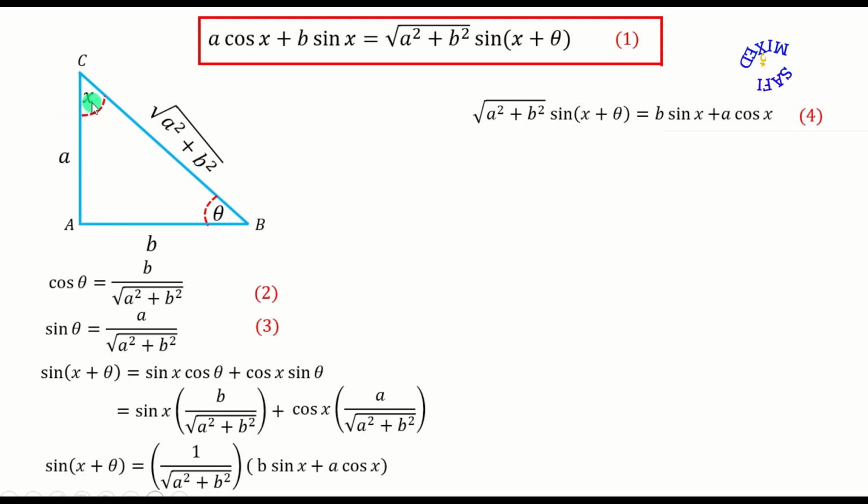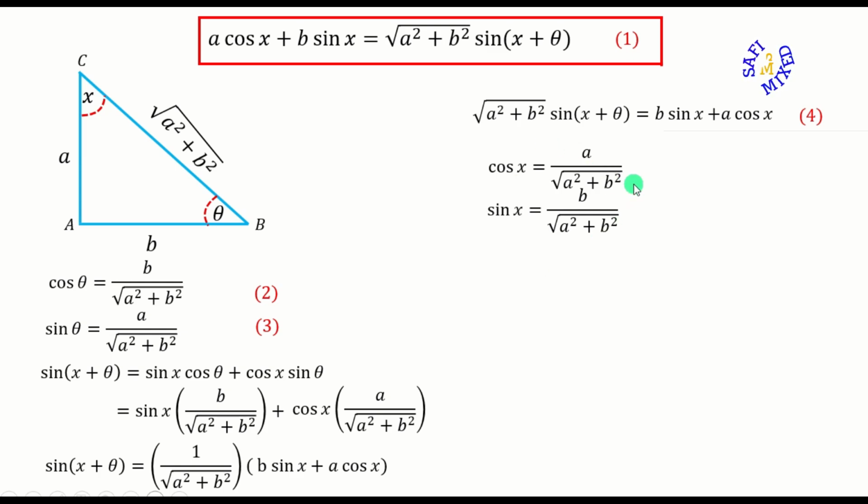So in terms of angle x at vertex C, the cos function and the sine function are now defined as cos x is equal to a divided by the square root of a squared plus b squared, because now the base of this triangle is a. And similarly, the sine of x is given by b divided by the hypotenuse, because the perpendicular of this triangle is now side AB, which is equal to b.